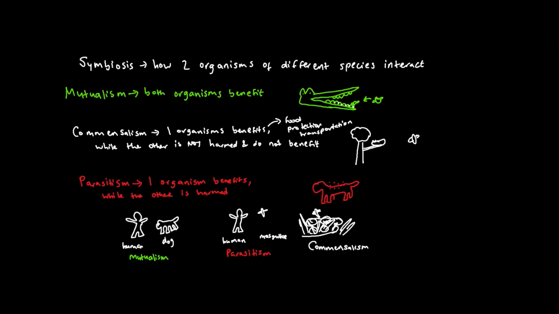The goby fish camouflages with the color of the coral reef and it gets protection from predators, while the coral reef isn't damaged, is not harmed, isn't benefited in any way.